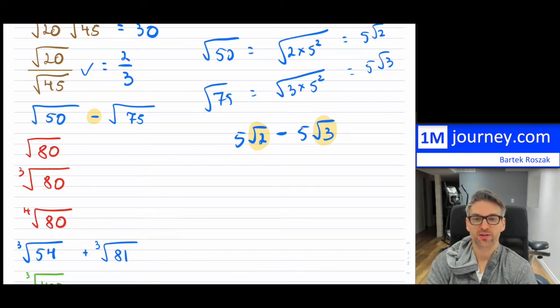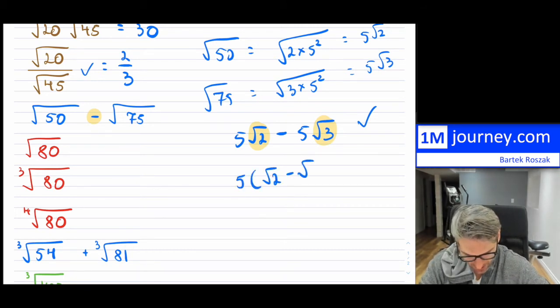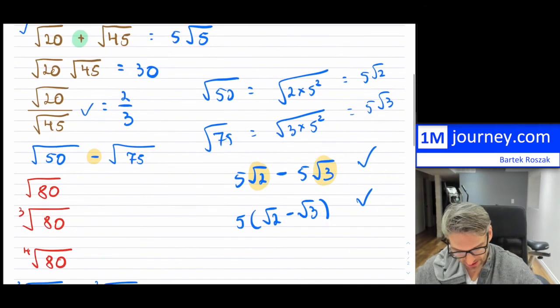The square root of 2 and the square root of 3 are different. So the only thing you can really do is either leave it like this, or you can take the 5 out, and that's going to be your answer, right? You can do either this or this, but that's as far as you can go. You can't do anything else. So with subtraction and addition, just be careful. All right? So that's another example.